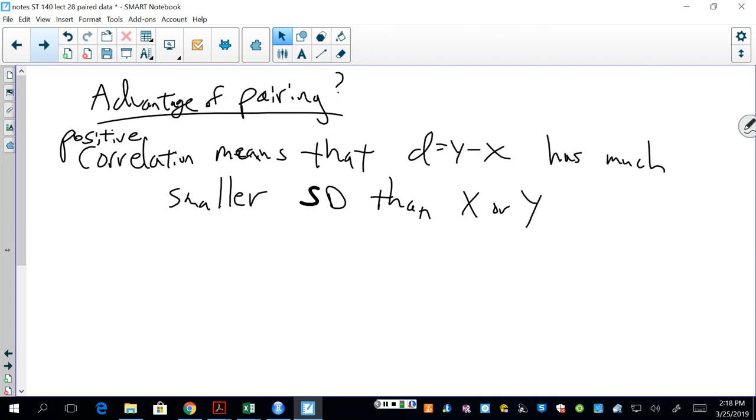So x and y can have huge variance, right? They can be very large values. But if x and y are highly correlated, then all the big values are going to be close to their paired-up big value, and all the small values are going to be there. And the differences are going to be on a very much smaller scale. As a result, the standard deviation of the differences is going to be greatly reduced, right?